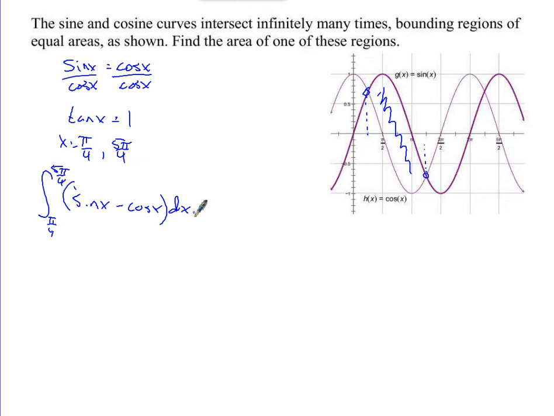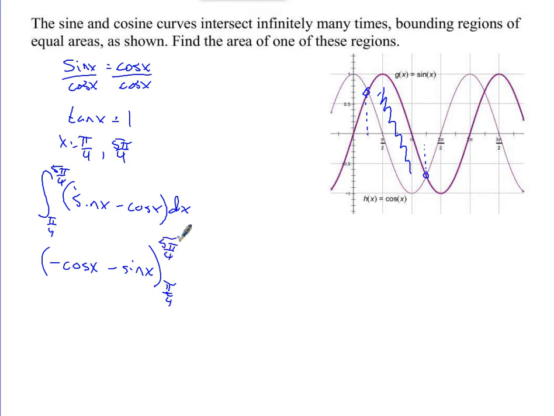When we do it, that it? Now we have to evaluate it. Okay, from pi over 4 to 5 pi over 4.